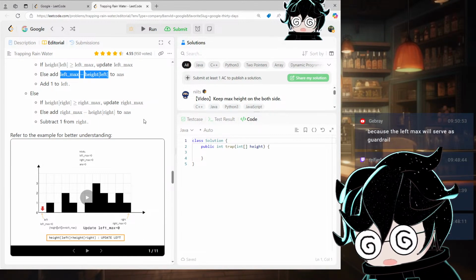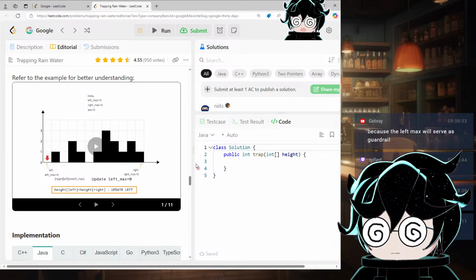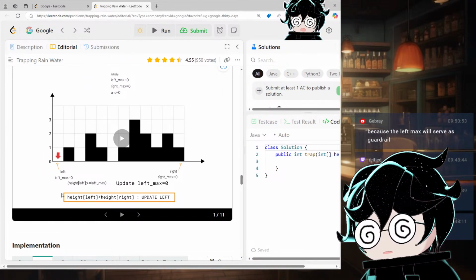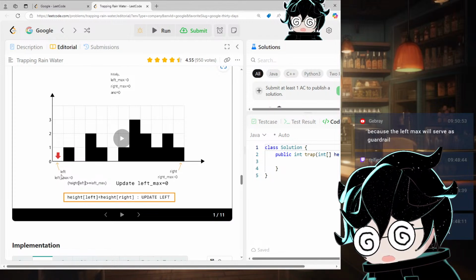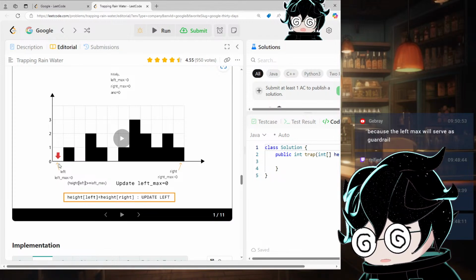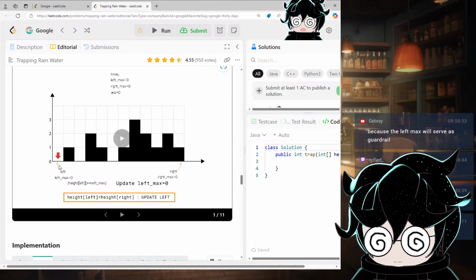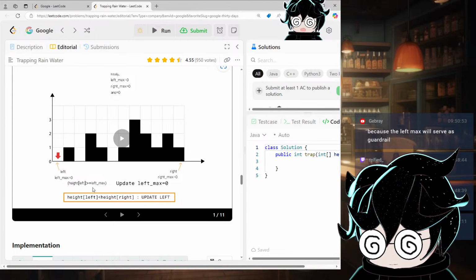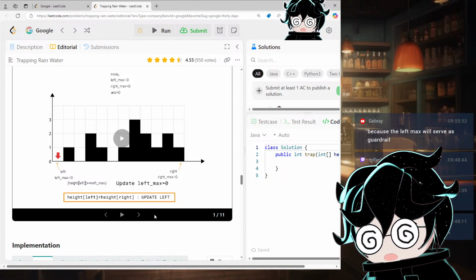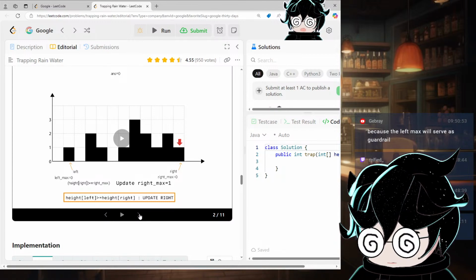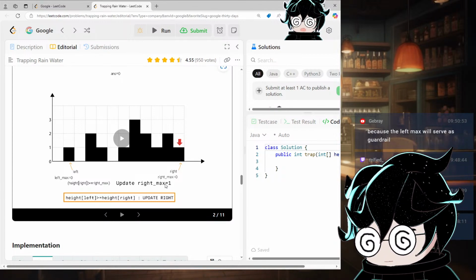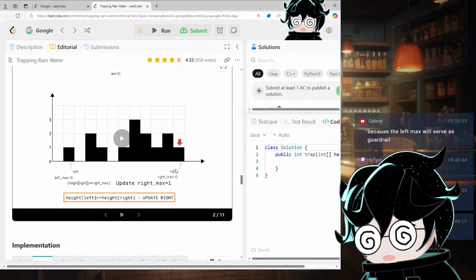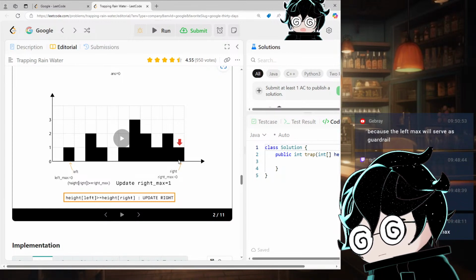Let me zoom in so y'all can see. Okay, 2 pointers start here, left, right. So we update the left max. We update the right max to here, so now it's 1.